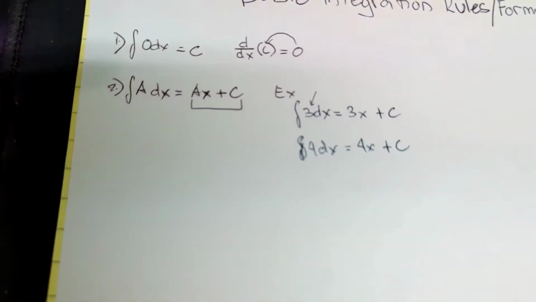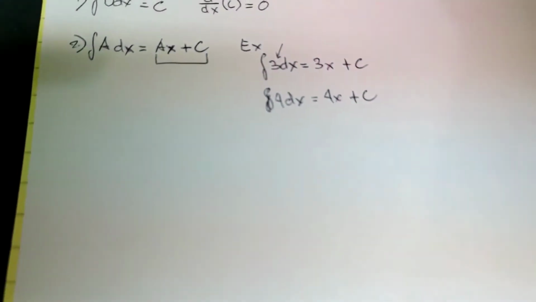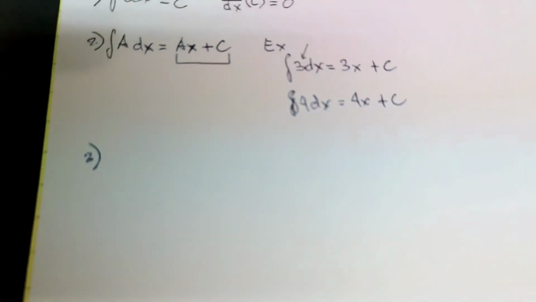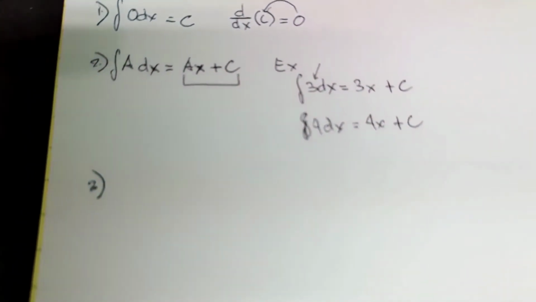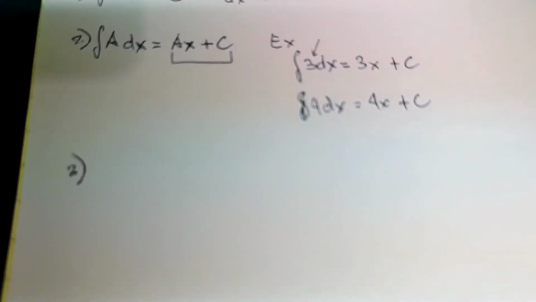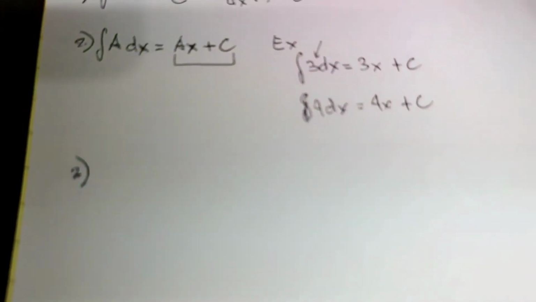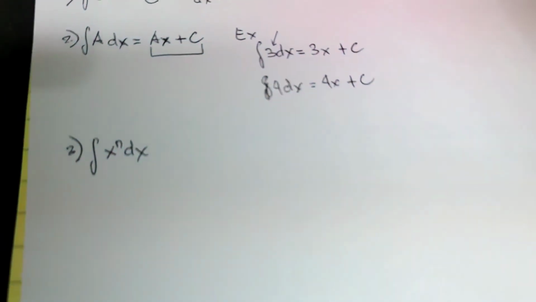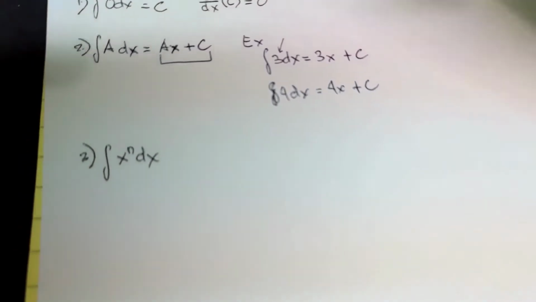So the next rule is an important rule. It's the power rule. It says that if we integrate x raised to n with respect to x, this is equal to x to the n plus 1 over n plus 1.